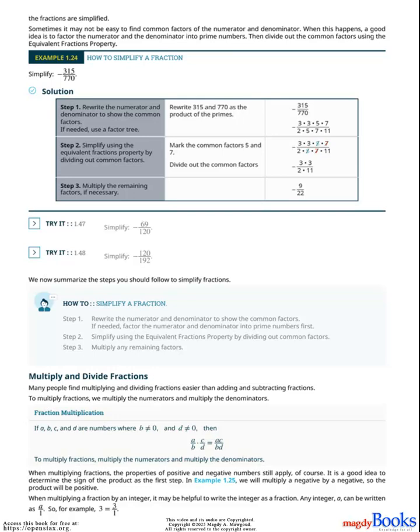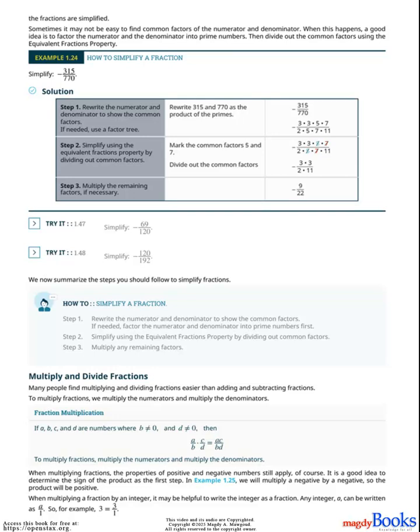Rewrite 315 and 770 as the product of the primes. -315/770 equals -3·3·5·7 all divided by 2·5·7·11. Step 2. Simplify using the equivalent fractions property by dividing out common factors.